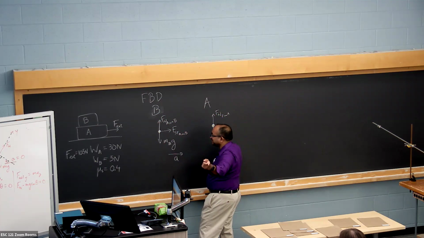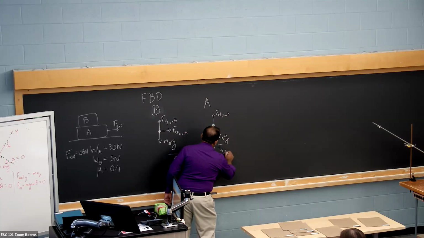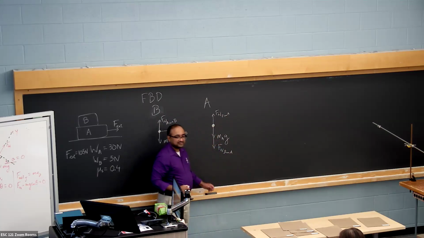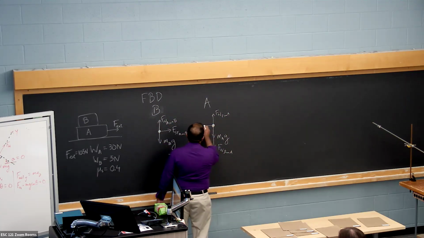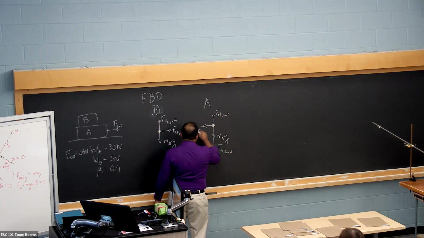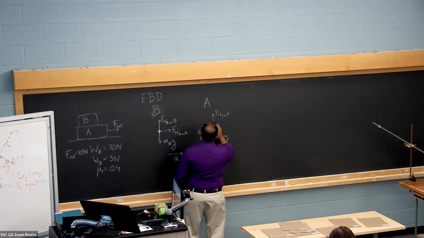Can you clarify the normal force of B on A? Yes, so there is a normal force of B on A. And there's also a friction force of B on A. And then what else am I missing? External force, yeah.